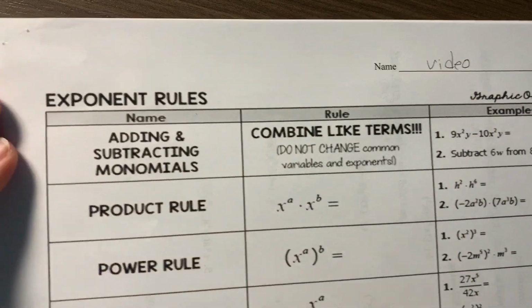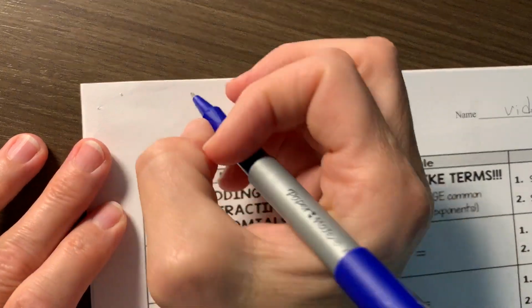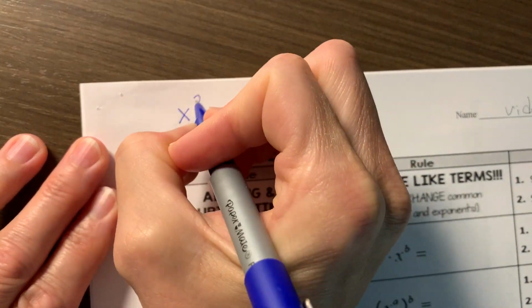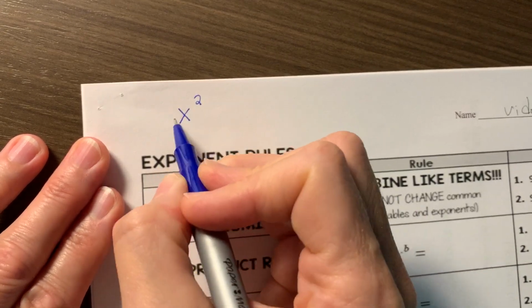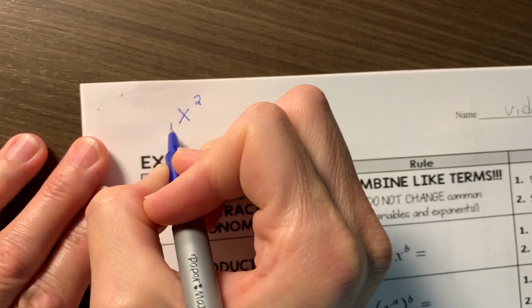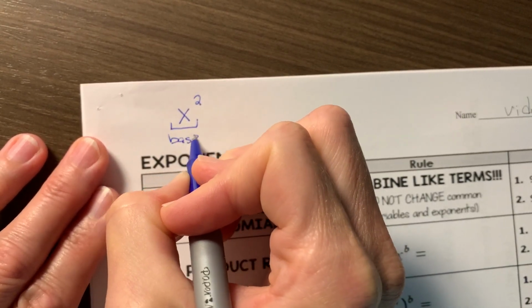Before we start this, I just want to do a quick little review of some things that I know are often forgotten. So just a little bit of vocab first. When you have a variable or a number raised to a power, we call the big number on the bottom the base.